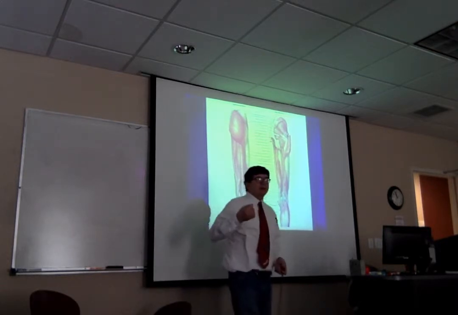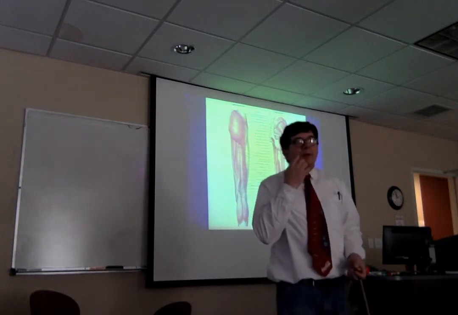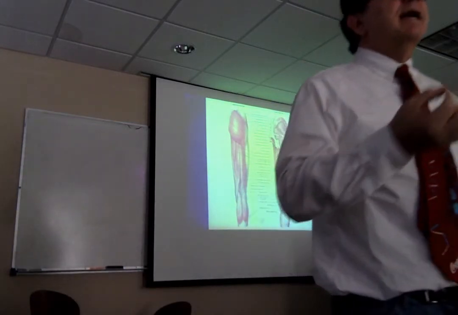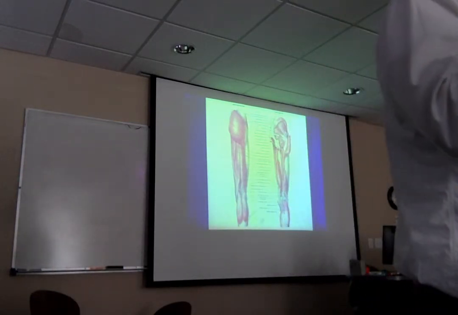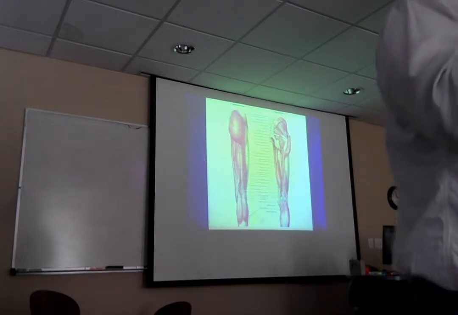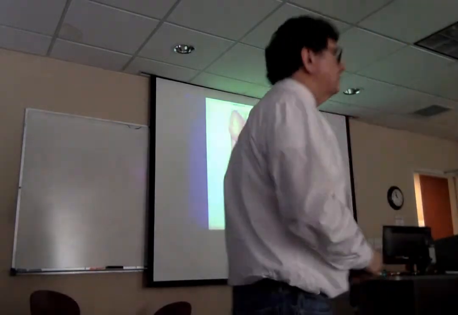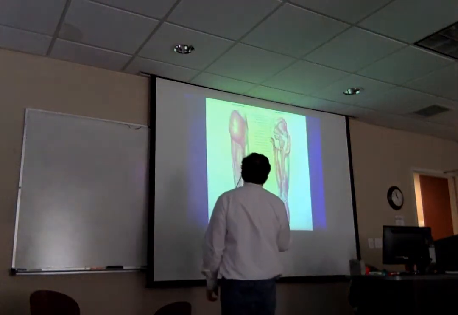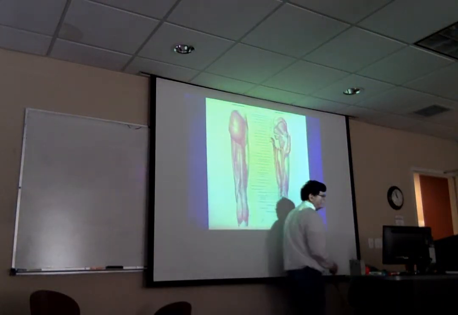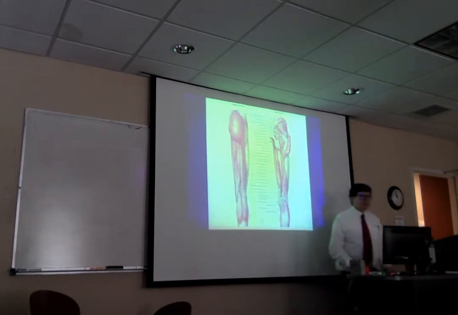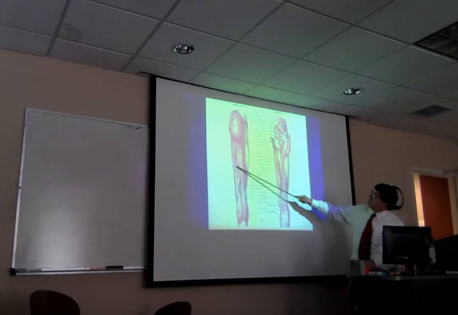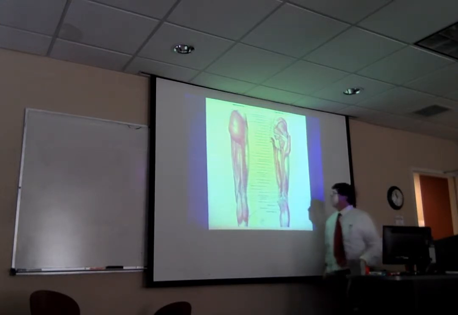And the way I remember that it's the medialmost muscle is that the membranosus begins with an M. So semimembranosus is medial to the semitendinosus, which is medial to the biceps femoris. So again, it's a group of three muscles: semimembranosus, semitendinosus, and biceps femoris.